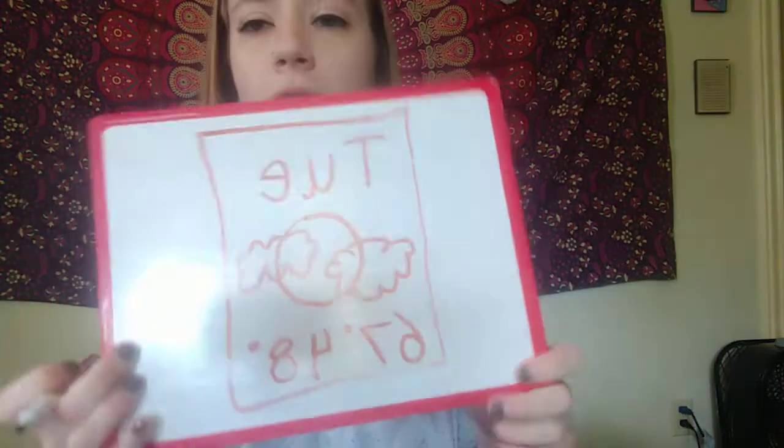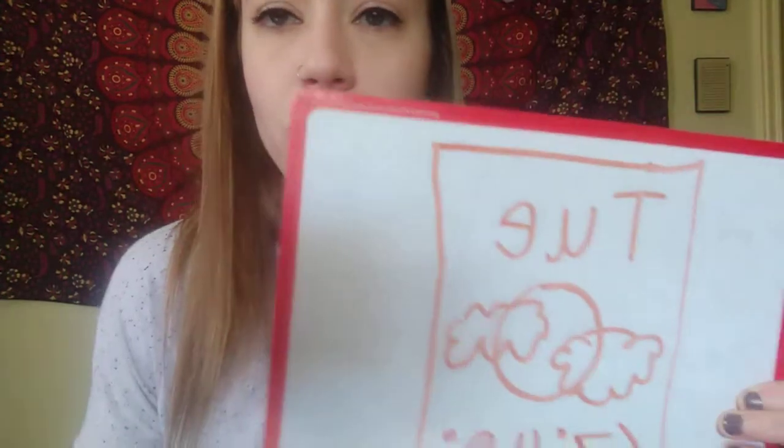So on our left side, we have 67 degrees. And then on our right side, we have 48 degrees. So it'll look like this if you make sure that you have your box around Tuesday.